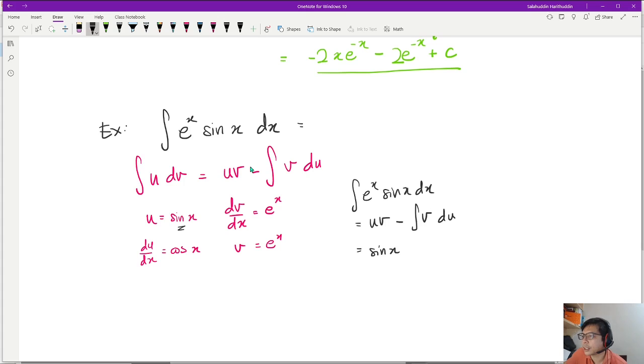What is v here? e to the power of x, minus, v in this case e to the power x, and cosine x dx. Oh man, actually you need to do this again with the same results.